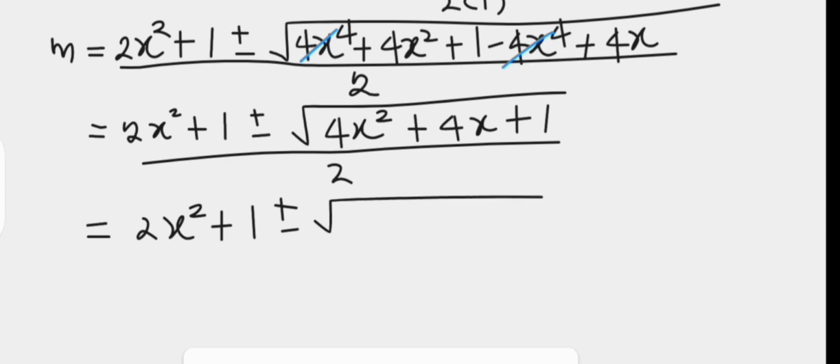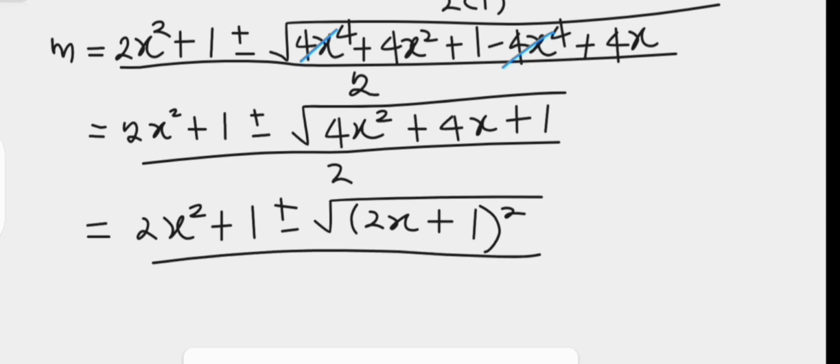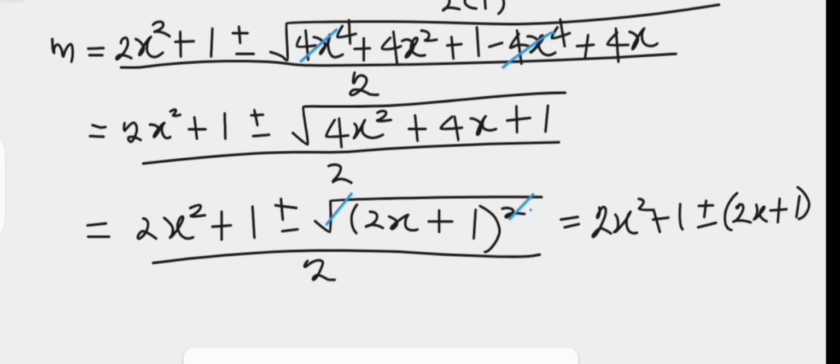And it factors as the square of 2x plus 1, everything over 2, and the square root cancels the square to leave us with 2x squared plus 1 plus or minus 2x plus 1 over 2.